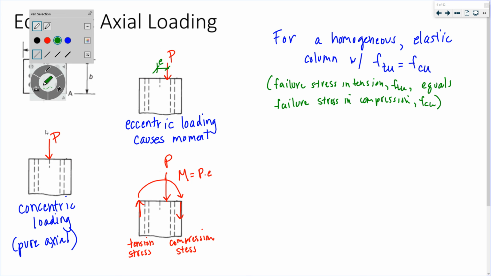Well, now let's look at this side right here.